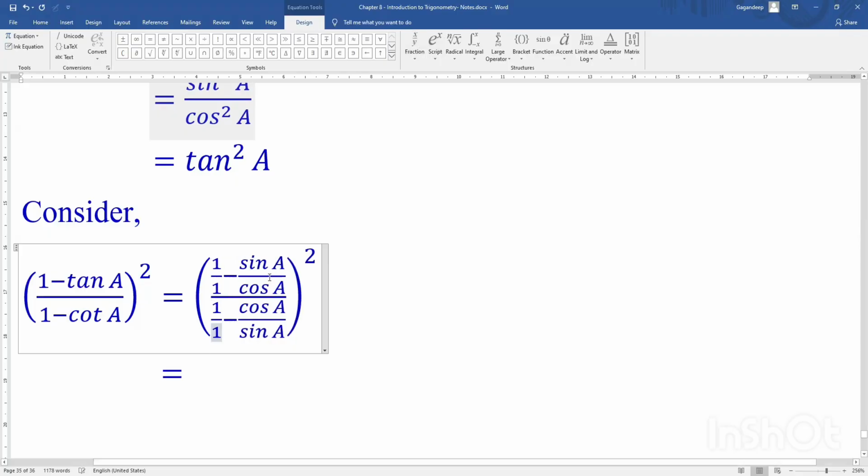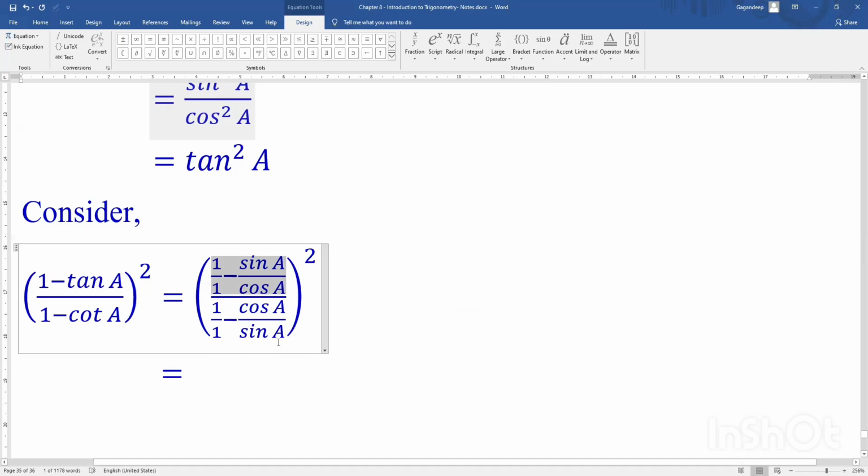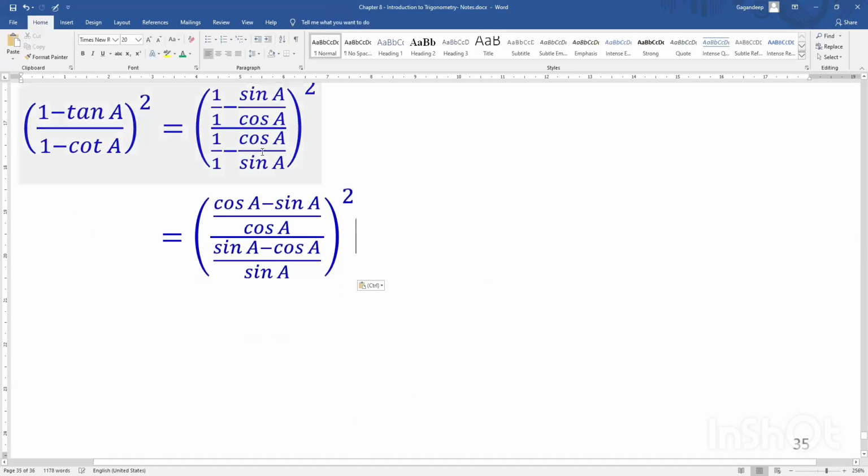In the numerator, 1 into cos A is cos A, and 1 into sin A is sin A. Similarly, do the same for the denominator: 1 into sin A and 1 into cos A. So we get cos A minus sin A by cos A, and sin A minus cos A by sin A.